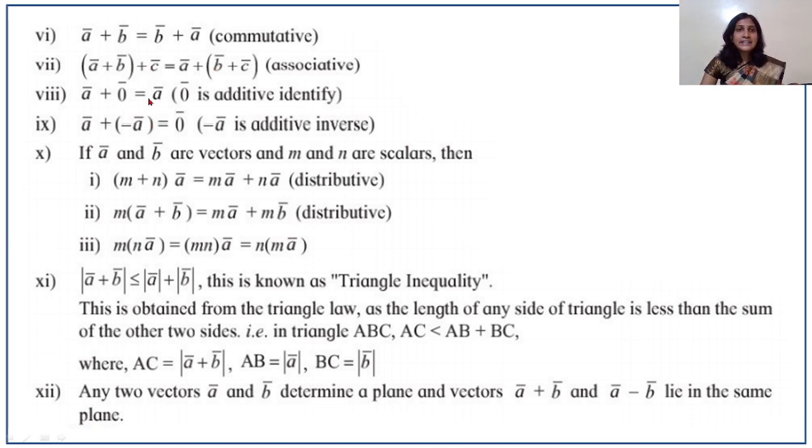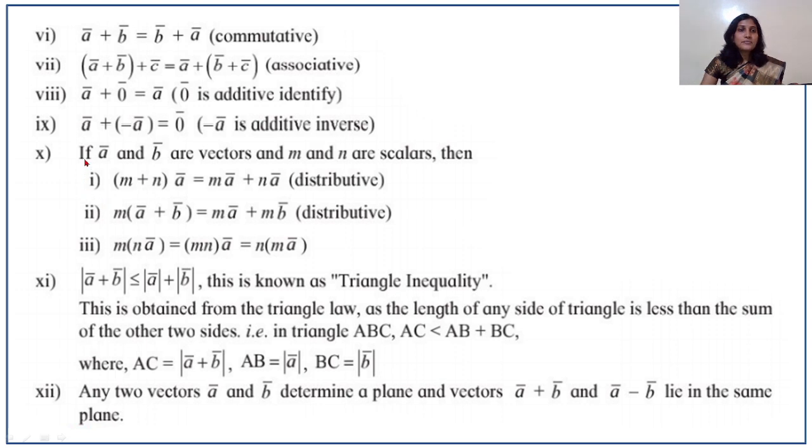Then additive identity: if we add the 0 vector to any vector, we get that vector as it is, that is A bar plus 0 bar is equal to A bar. This is the additive inverse: if we add a vector and its negative, we get the 0 vector.